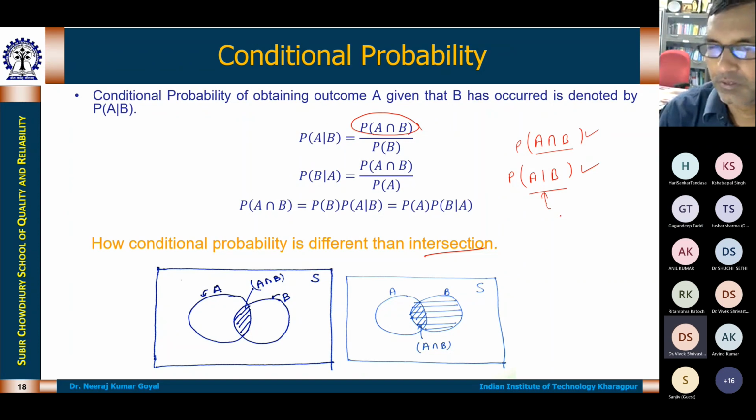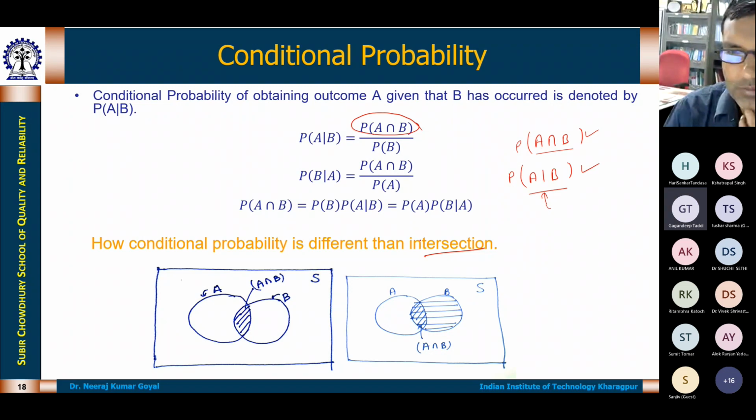We are finding the probability based on the other condition event, sir. Yes, true. That is where the change is. So can you elaborate a little bit more? We are going to find the probability of an event based on the condition of another event, sir.